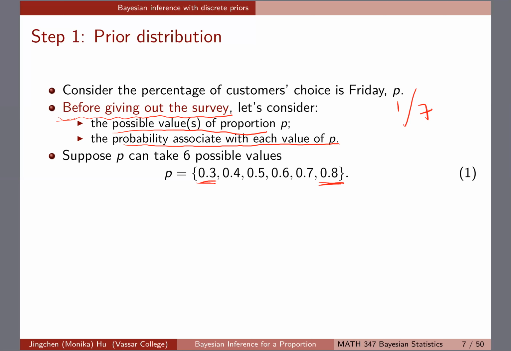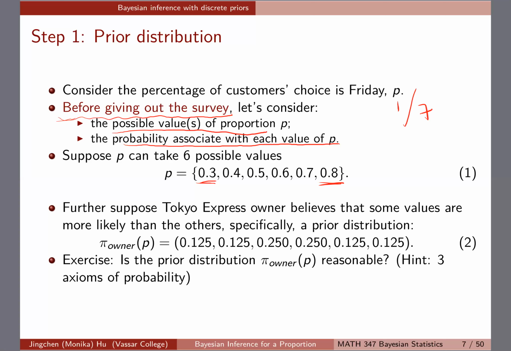Okay? So in addition to deciding the possible values for P, we should also assign probability to them. Suppose the owner believes that some values are more likely than the others among the 6 values here, and in particular this is given as the owner's prior. Remember, 2 times ago, I was saying that we always use pi to represent the prior distribution.